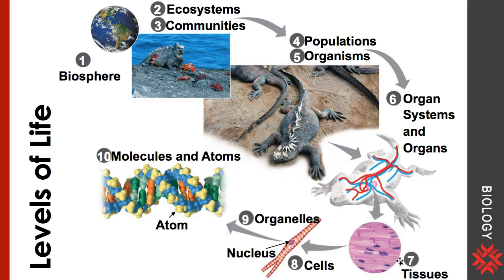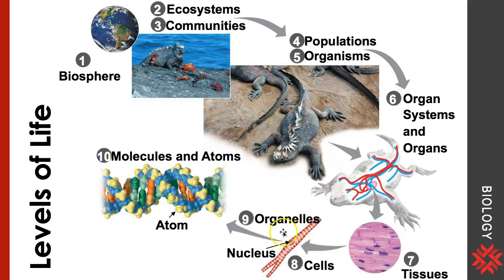So tissues are made up of cells. So you're going to have these cardiac cells that work together to be able to create that cardiac tissue. And a cell is actually the smallest unit of life that can still display all of those 8 major properties of life. You can, though, still zoom in down a little further into organelles.